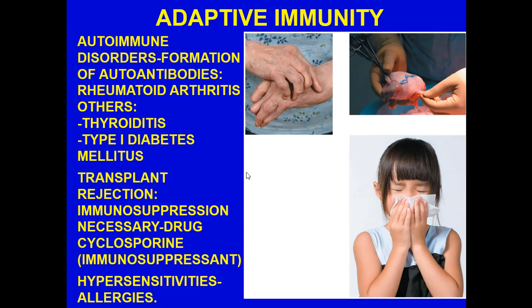Now, transplant rejection. This is where you need immunosuppression drugs, such as cyclosporine. And what do I mean by that? If you see here, they're getting ready to transplant this organ in. One of the things that happens with transplant rejection is that you take as close as possible an organ or tissue and you put it into another person's body.